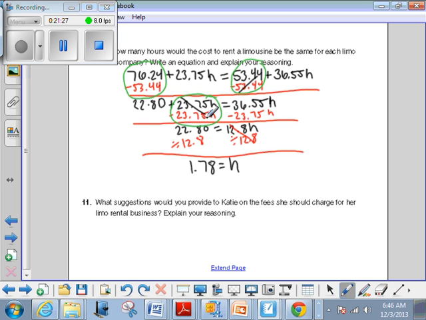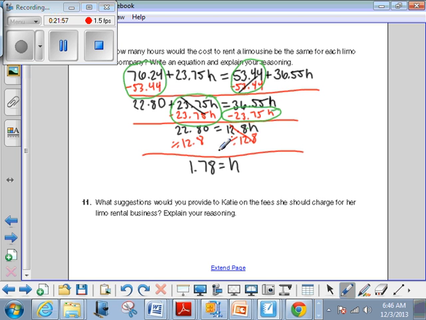So on the left, I was left with just my $22.80, and on the right, I was left with 12 and 8/10 hours. Then to get rid of that, since this is multiplication, I divided by 12.8 on both sides, and I ended with hours is equal to 1 78/100.